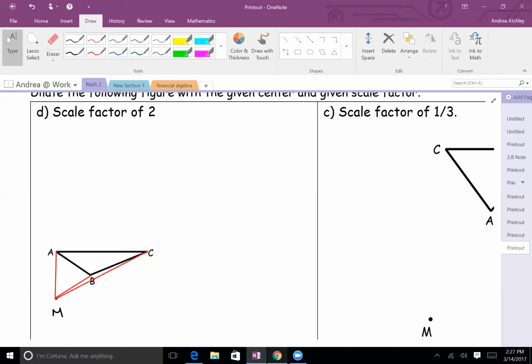So now I have the distance from A to M, or M to A. And because I want a scale factor of 2, I want to make it twice as big. I want the length from M to A to be twice as long. So this is 1 of it, this is 2 of it, and I'm going to mark that line there. So I'm gonna do that here.